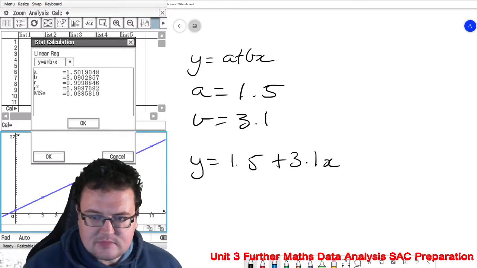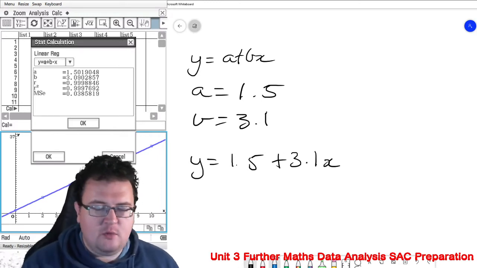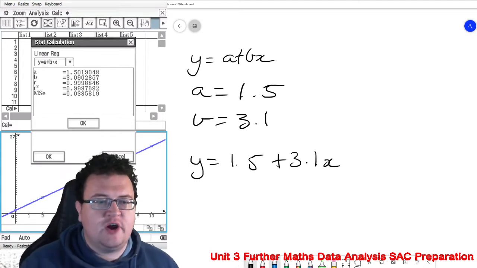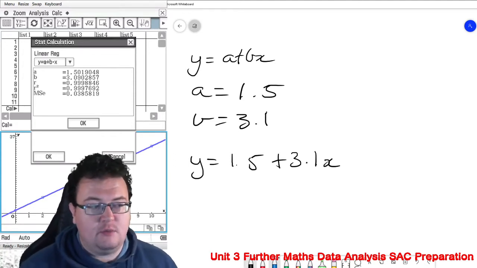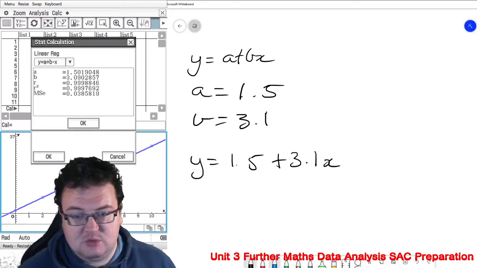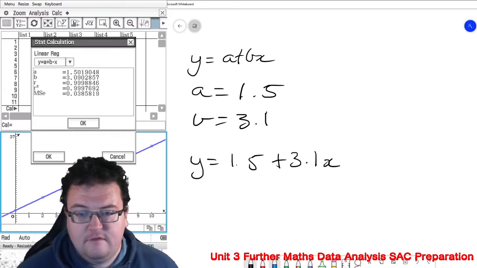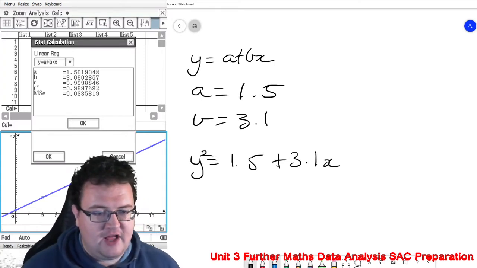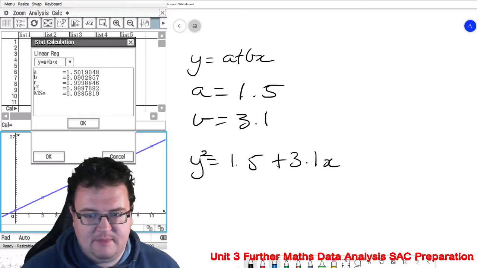Now, similar to the previous one where I swapped out the x for x squared, what was the transformation that I was asked to do? It was a y squared transformation. So I'm going to swap out that y for a y squared. And that should be the equation that is given in the back of the book.